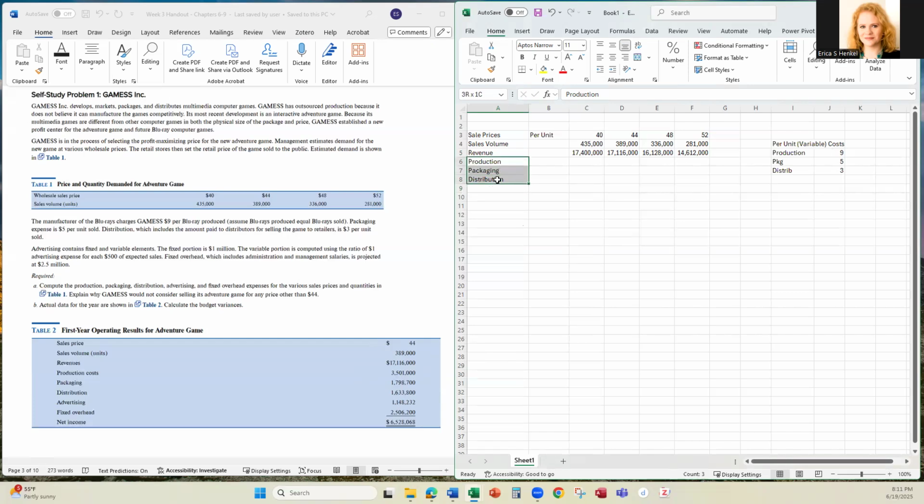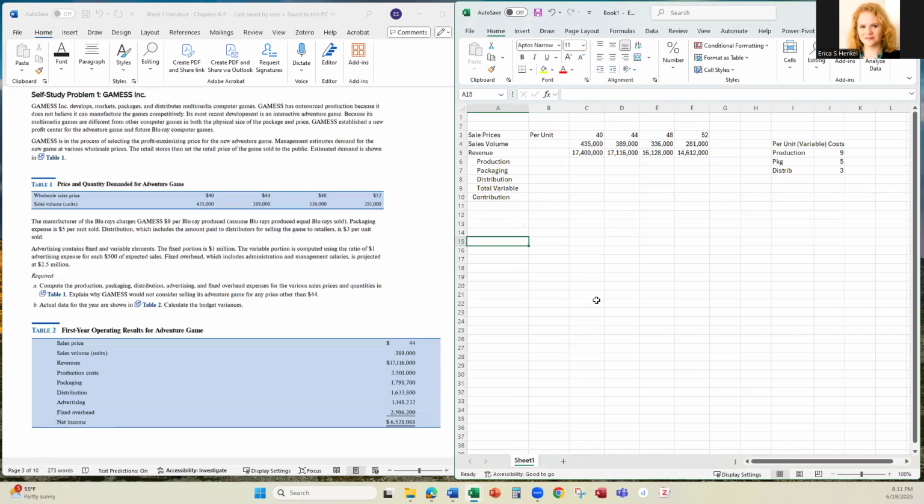All right, so then I'm going to put those over a little bit, and then total variable. And then I'm going to put also a line here for contribution margin, because it's just handy to know that part, right? Contribution margin. And then they've also got here advertising, fixed overhead. So advertising would be a period cost, right?